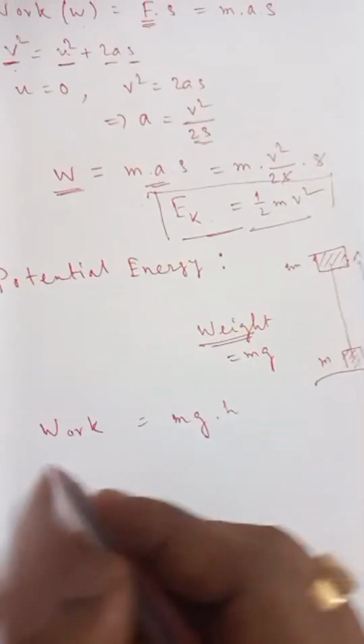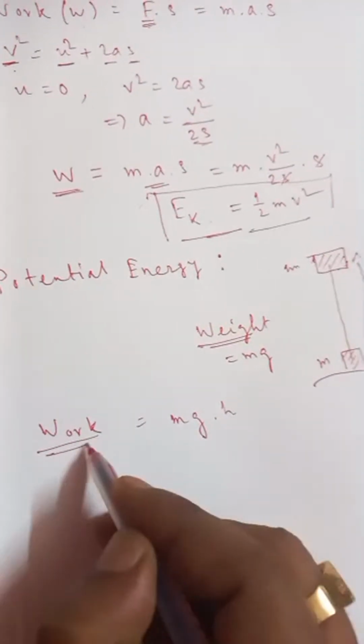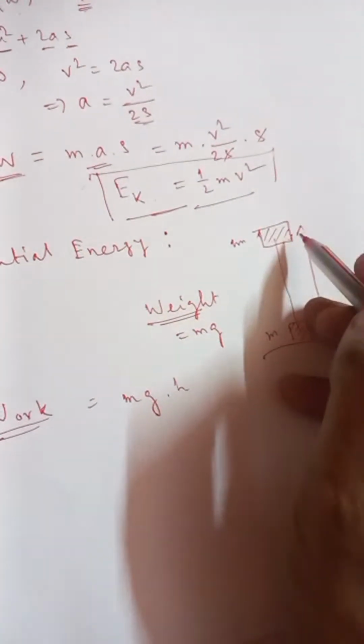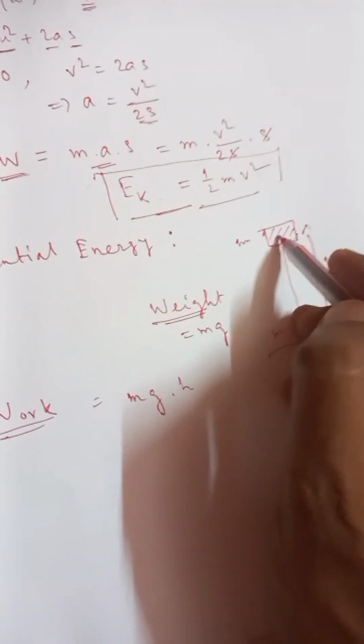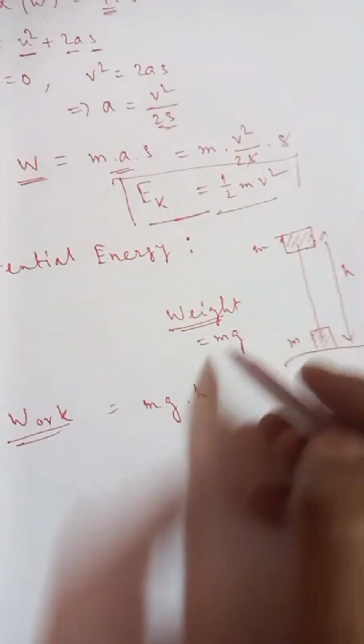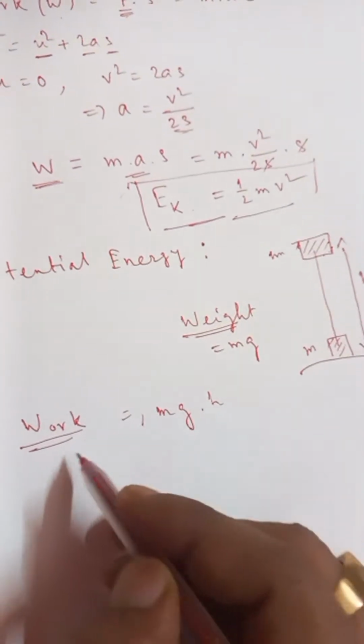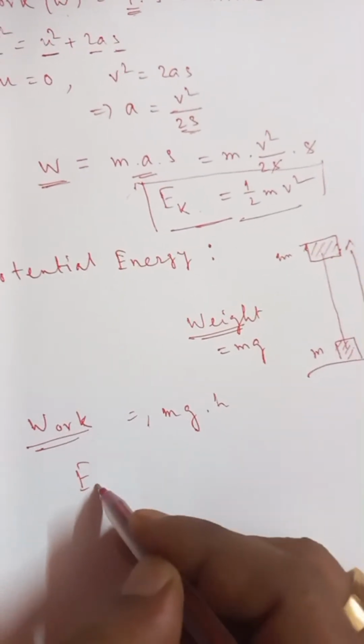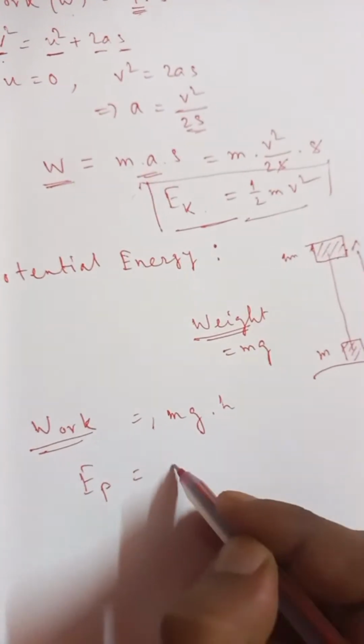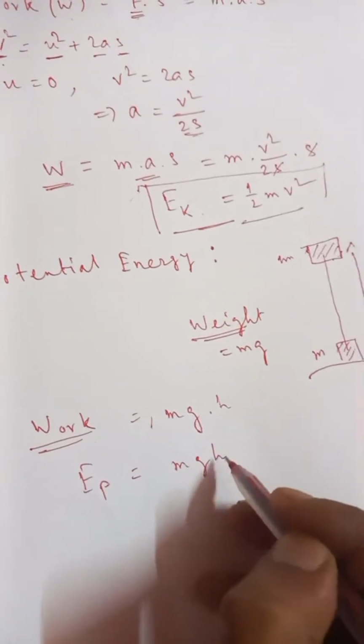So this work is stored as potential energy in this object at a height h. So this is the numerical form of the potential energy. We have to remember this.